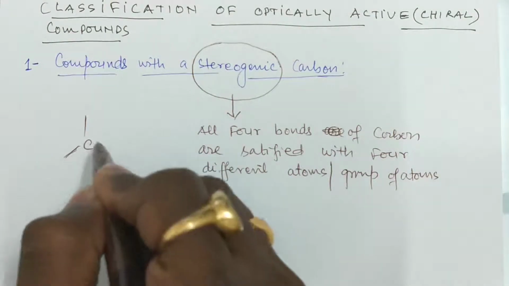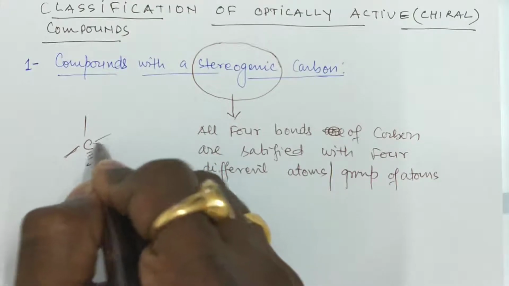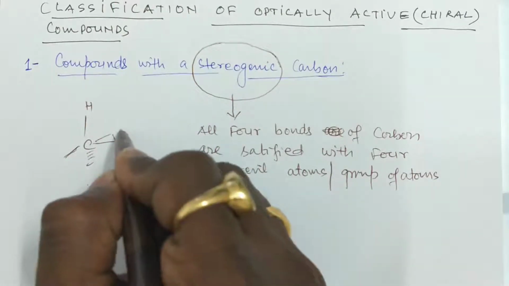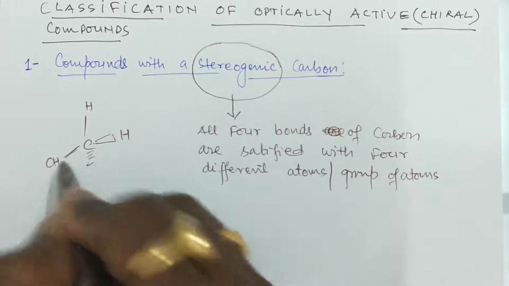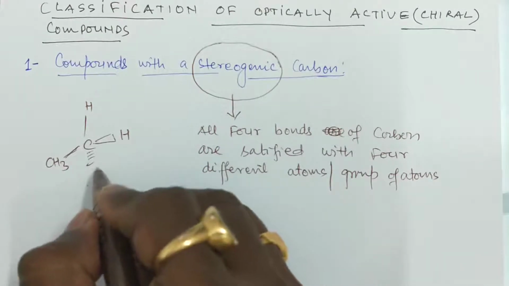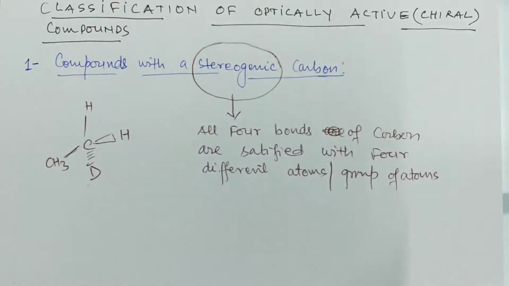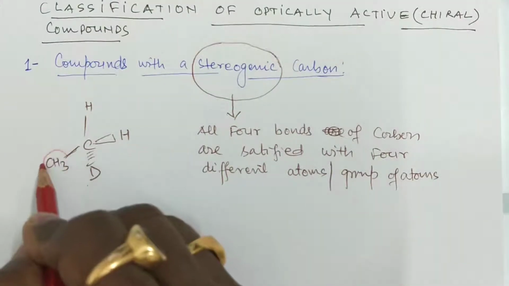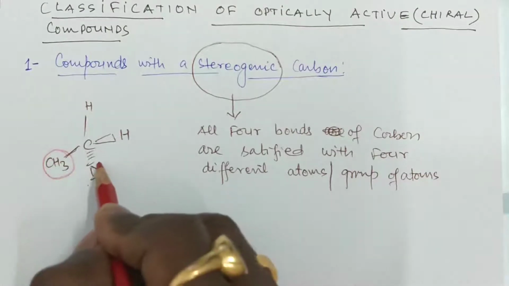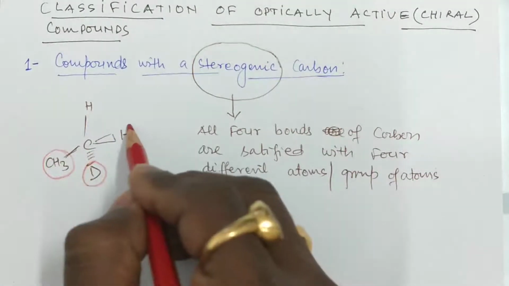So for example, if you take the example CH3, H and D, suppose that this is given. So this is methyl, this is deuterium, this is hydrogen.